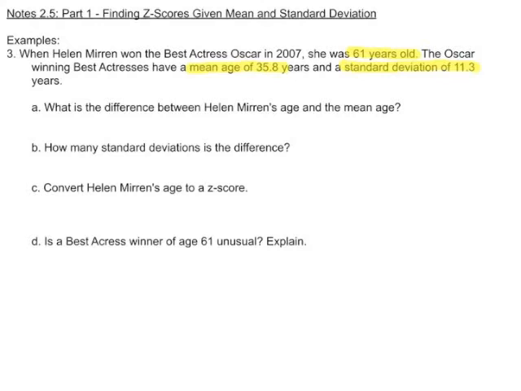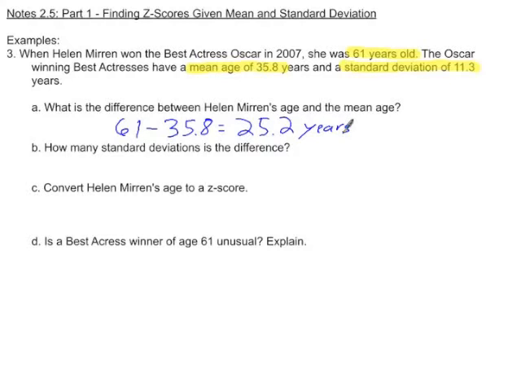So if we want to find the difference between Helen Mirren's age and the mean age, then we can just subtract them. So we take her age minus the mean age, and that will equal 25.2 years.